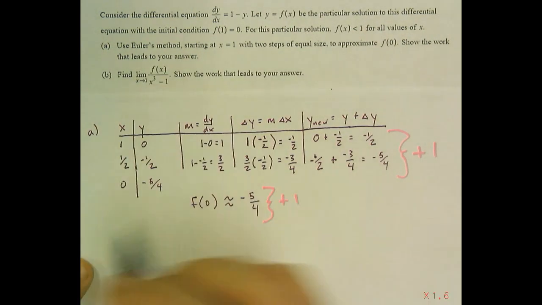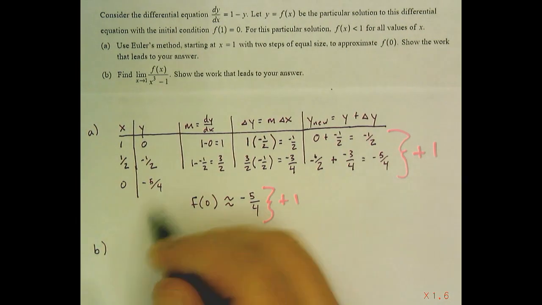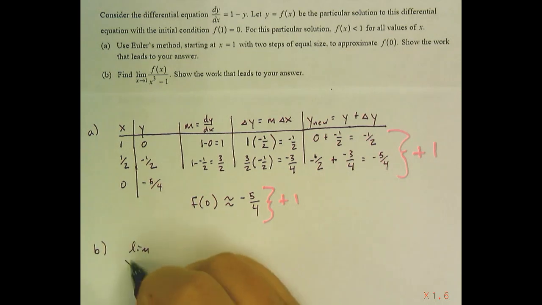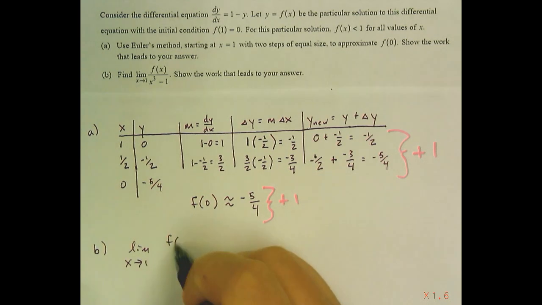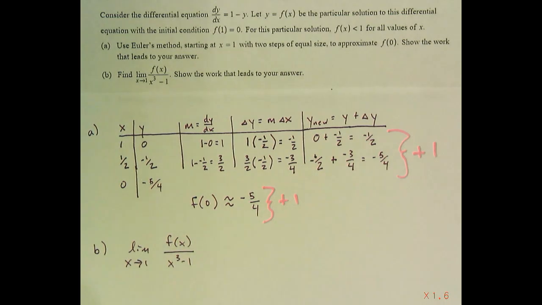Moving on to part B, we're asked to find the limit as x goes to 1 of f of x over x cubed minus 1. And frequently, not always, when you're asked to do a limit problem as a part of a free response question, it's probably going to be a L'Hopital's thing. And in fact, if we look at this, f of 1 is 0, and 1 cubed minus 1 is 0.